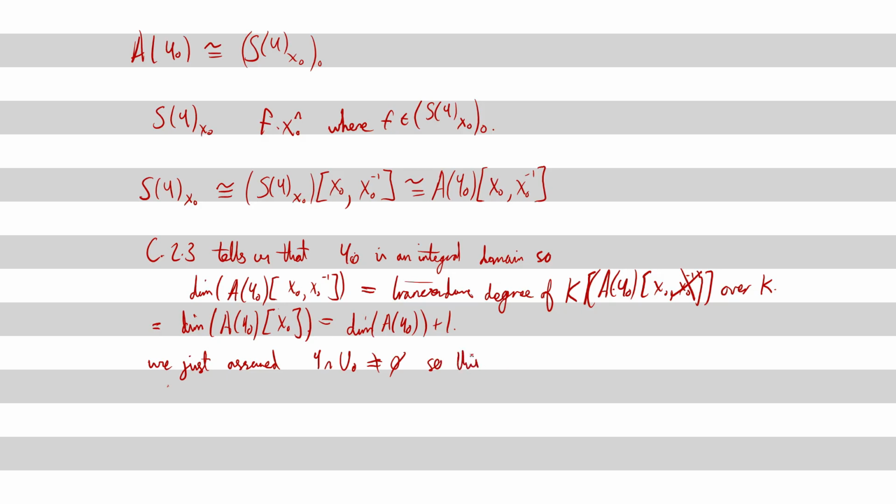So this is true for all j with Y intersect Uj non-empty. Now we use that Y is covered by the open sets Y intersect Ui.